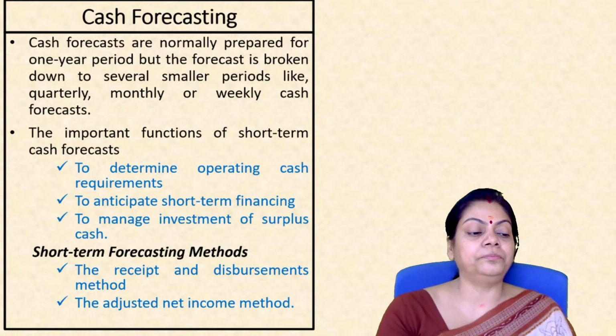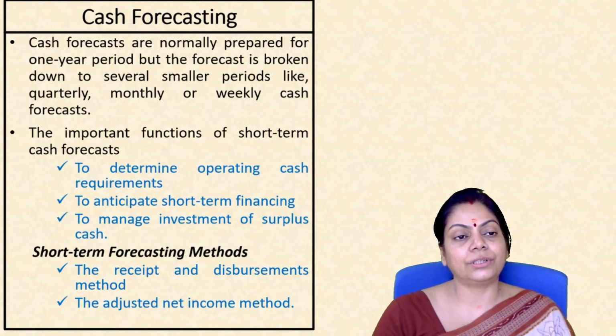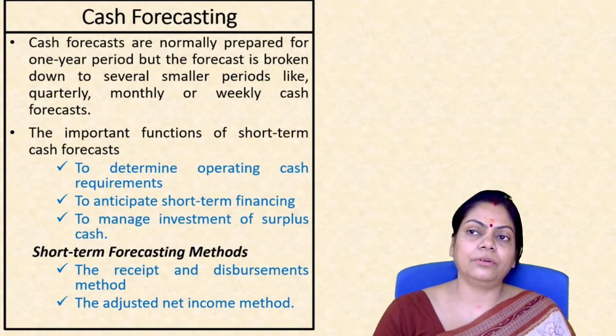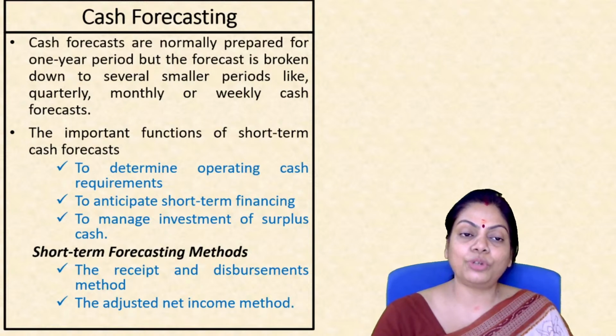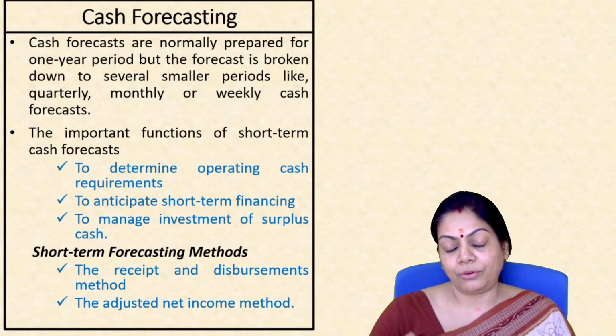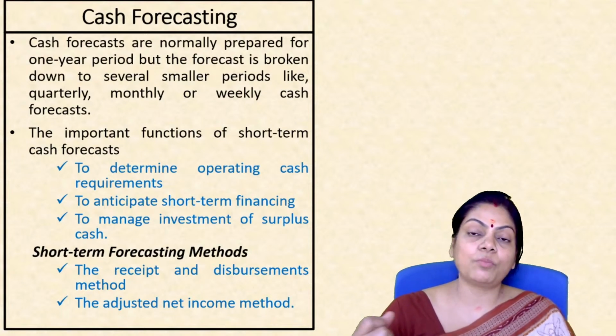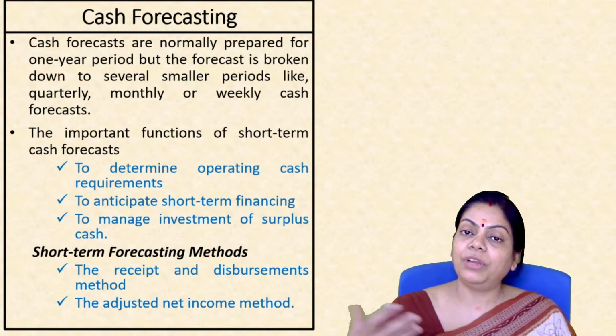Now, when we talk about cash forecast, it is usually prepared for 1 year, but many times for the preparation of the cash budget, it is broken down into several smaller periods.